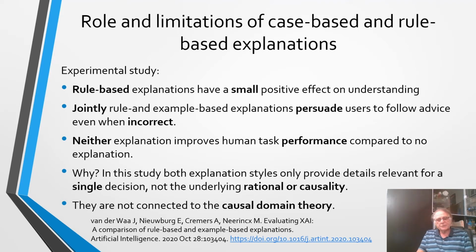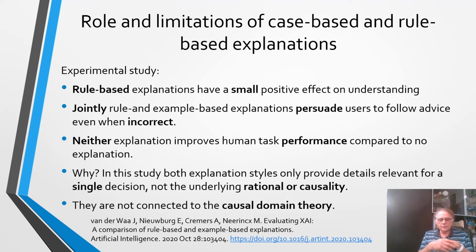And this is the most interesting part of the reasoning. In this study, both explanation styles only provide details relevant for a single decision, not for the whole rationality or causality of the reasoning.